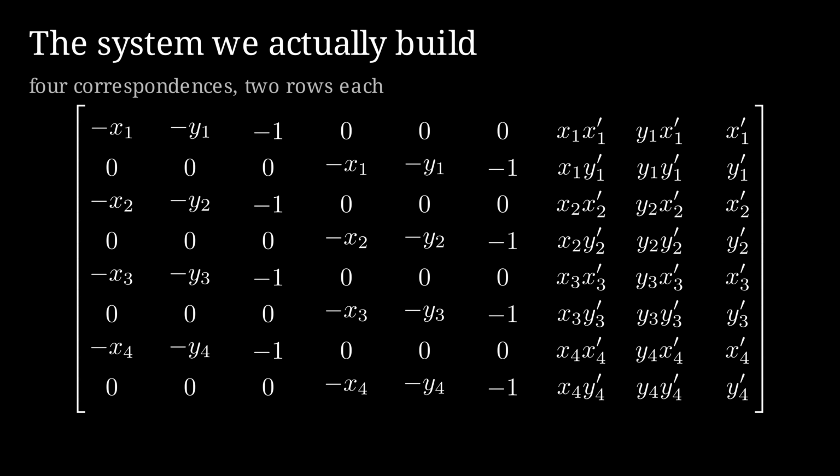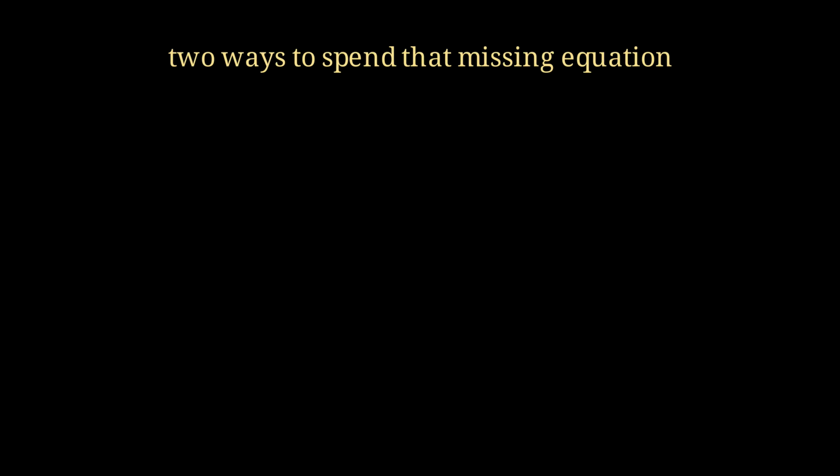Now do that for the second pair, the third, the fourth, and there it is. 8 rows, 9 columns. Ah equals 0. 9 unknowns, 8 equations. 1 short, and that is not a mistake. It's the scale freedom we've been talking about since the start. We get to spin that missing equation however we like.